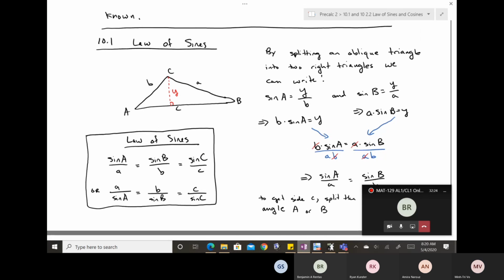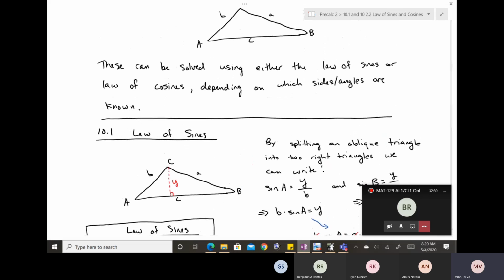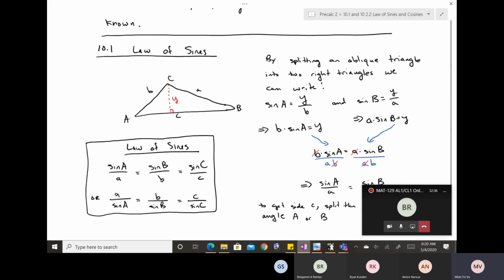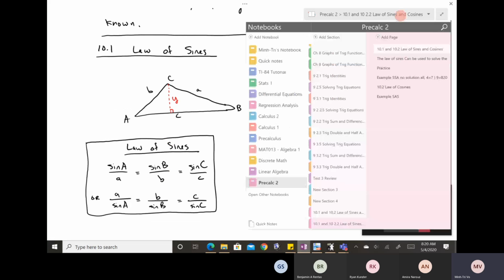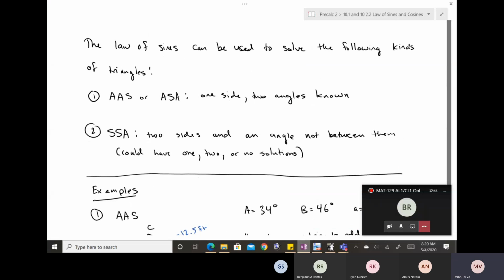So how do we use the law of sines? As I said previously, it depends on which sides and angles are known in the triangle. That tells us when we can use the law of sines. The first case is either an AAS or an ASA triangle, where A stands for angle and S stands for side.